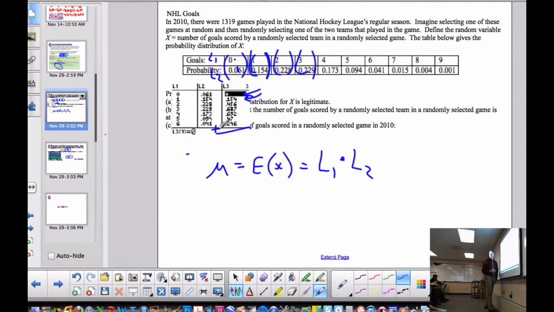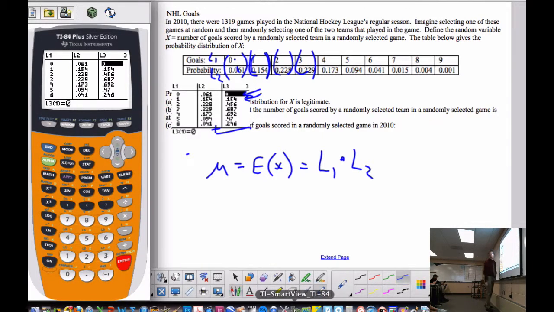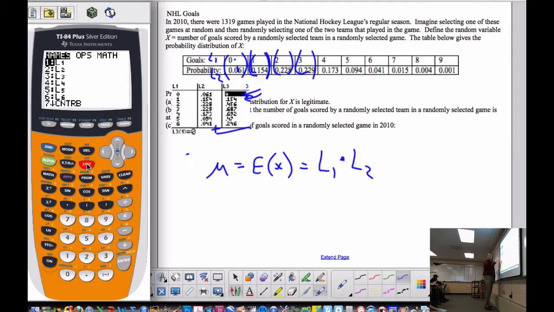Find the summation. There are two different ways you can do summation. One, second stat, so list, math, sum is number 5. I put it in the wrong spot. Try that again. Second stat, so list, math, sum of list 3, please, 2.851.